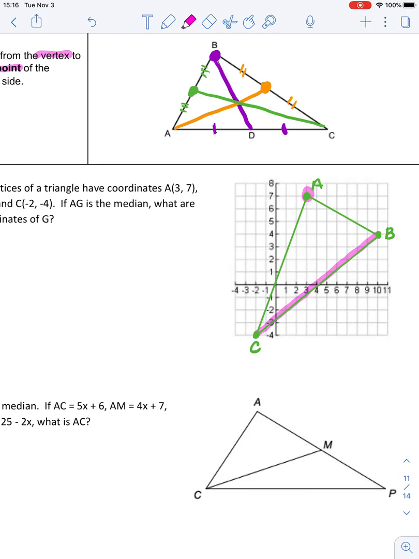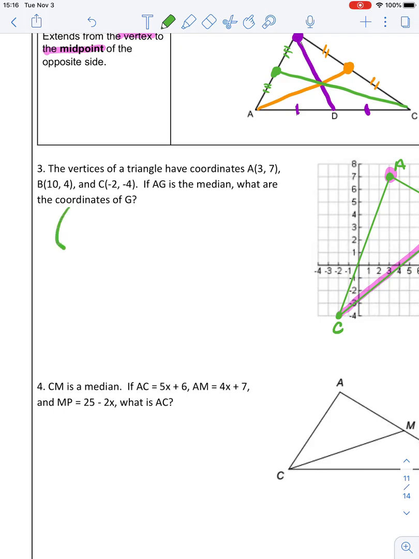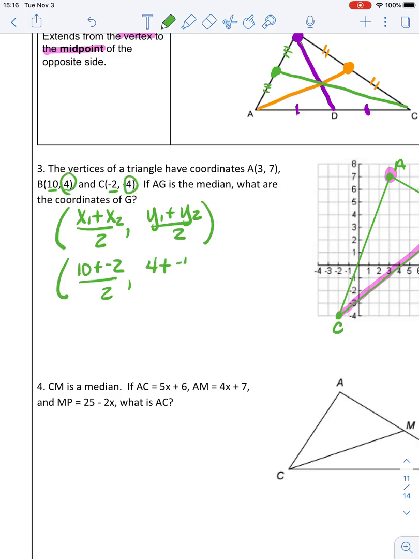So there are 2 ways that you can do this. One way is to use the midpoint formula. Remember, the midpoint formula was you added the 2 x's and divided by 2, and you added the 2 y's and divided by 2. So if I do that for BC, I want to find the midpoint of BC. Well, B was at, so we've got 10 plus -2 over 2, and we have 4 and -4 over 2.